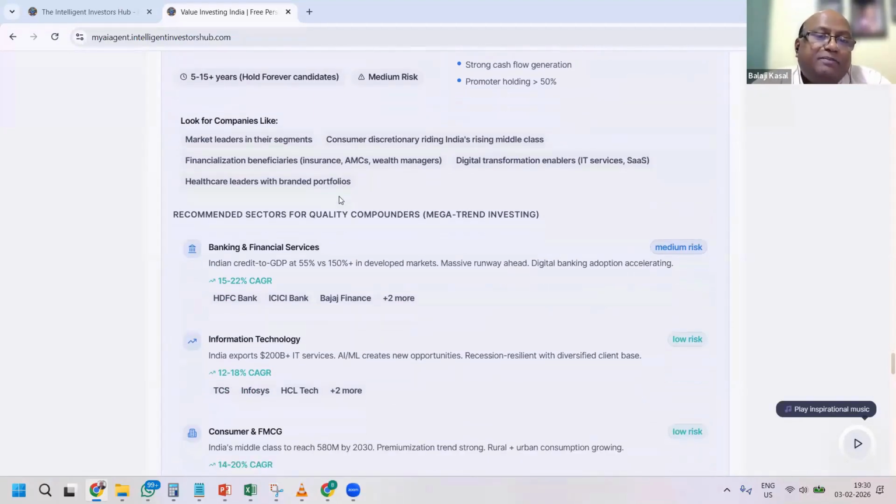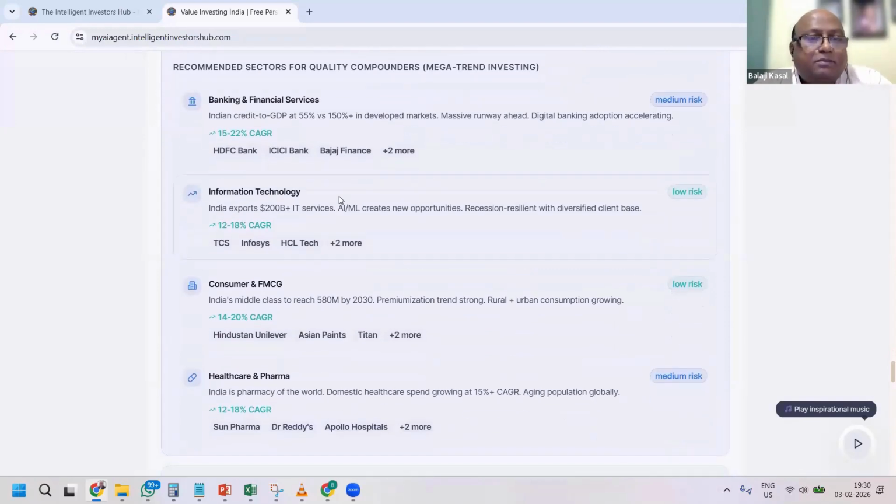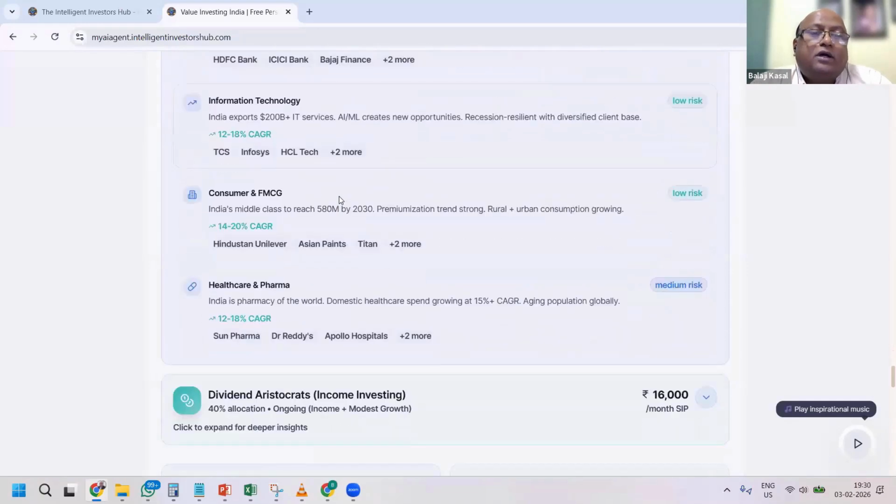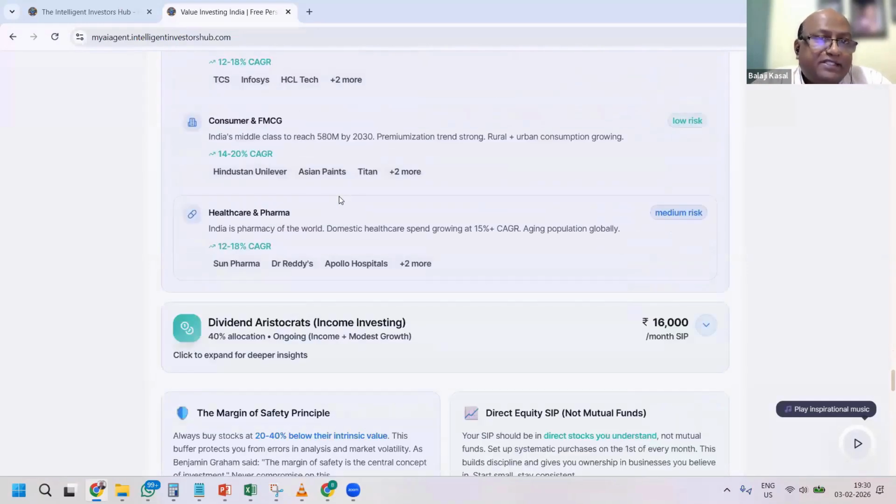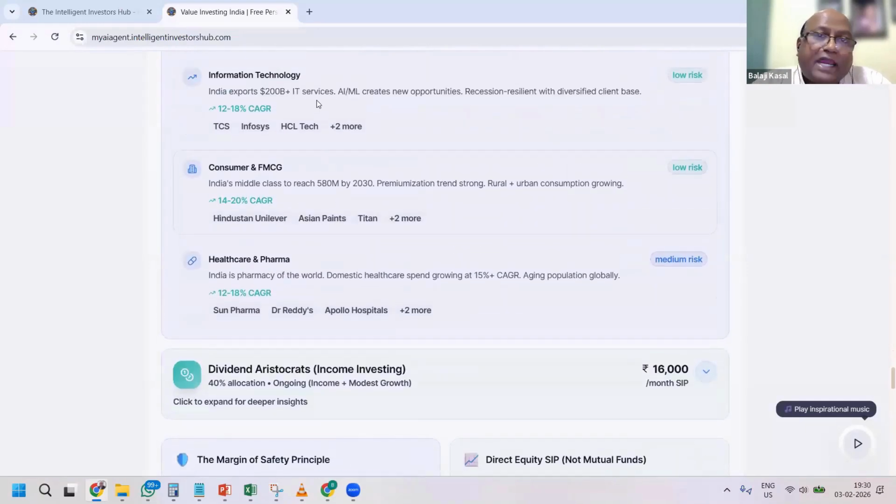In the financial, banking, information sectors, those companies you can also look for. Healthcare, these are a few companies it is suggesting, industries like IT companies, consumer, FMCG, Indian FMCG, which are consumer, right? Because India being a consumption-focused country, these consumer goods are required, and healthcare is important in that way.